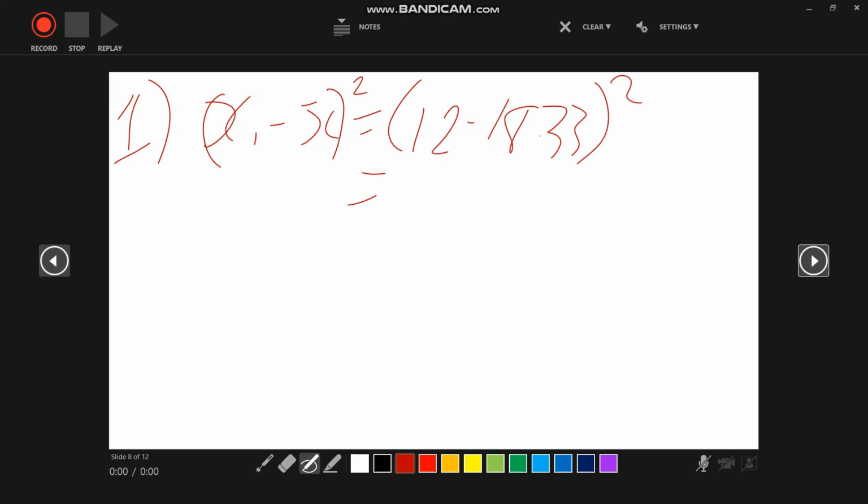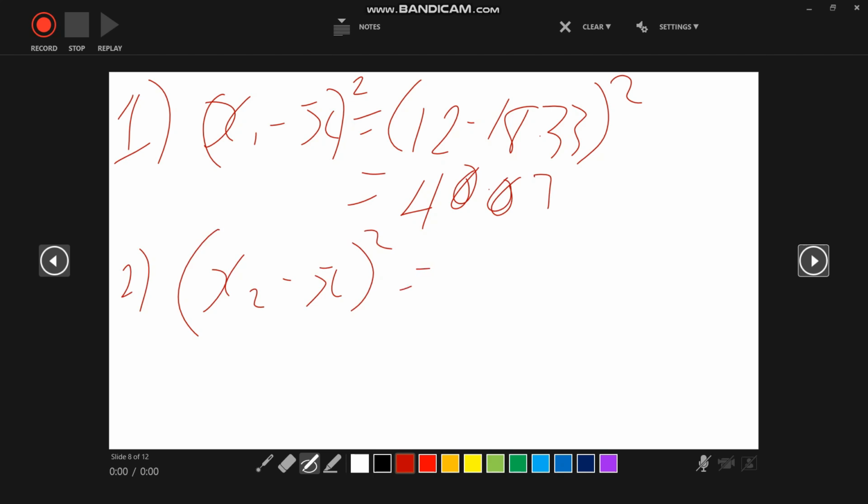This will be equal to 40.07. For the second one, we have x2 minus x bar squared. Our x2 is 15, so this will be 15 minus 18.33. Then you square it, and you have 11.09.